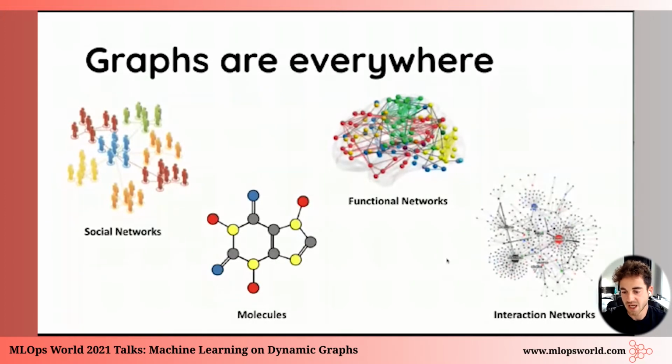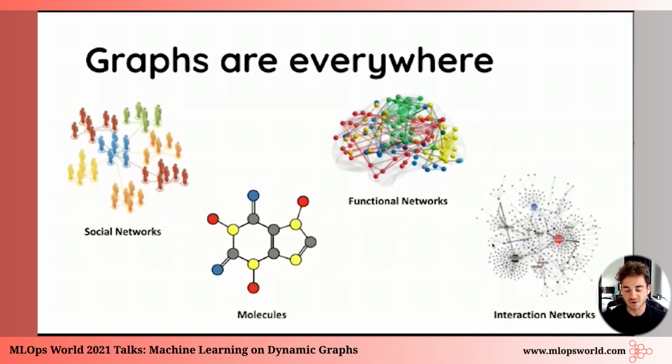Another example is interaction networks, in particular protein-to-protein interaction, shown here. Each node is a protein, and we have an edge when two proteins work together in a cell, or are used in the same reaction in a cell.